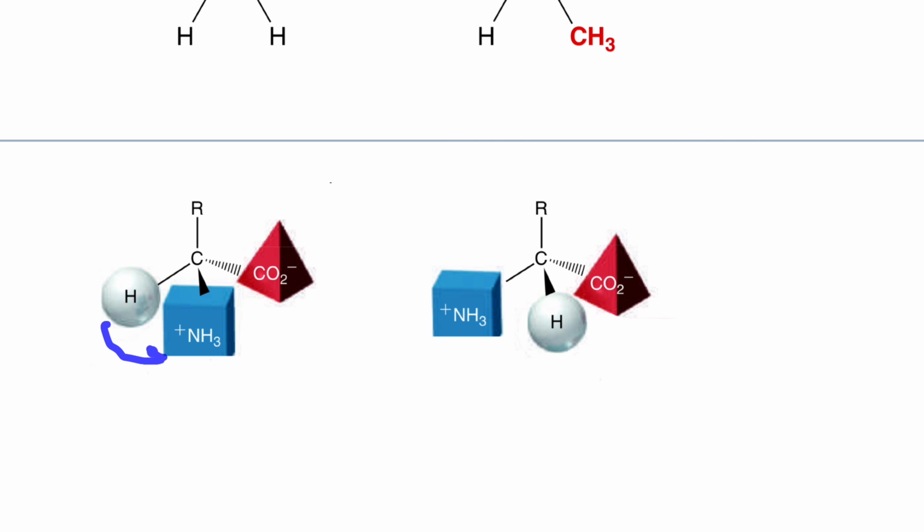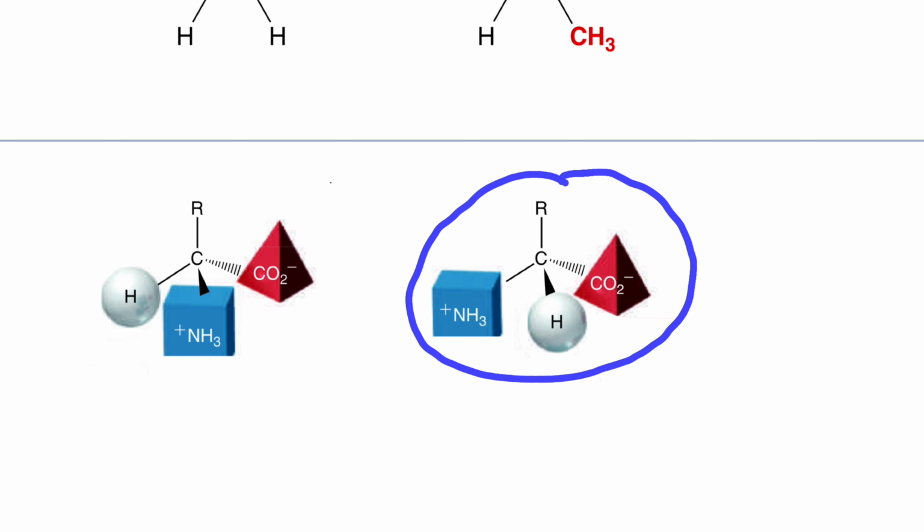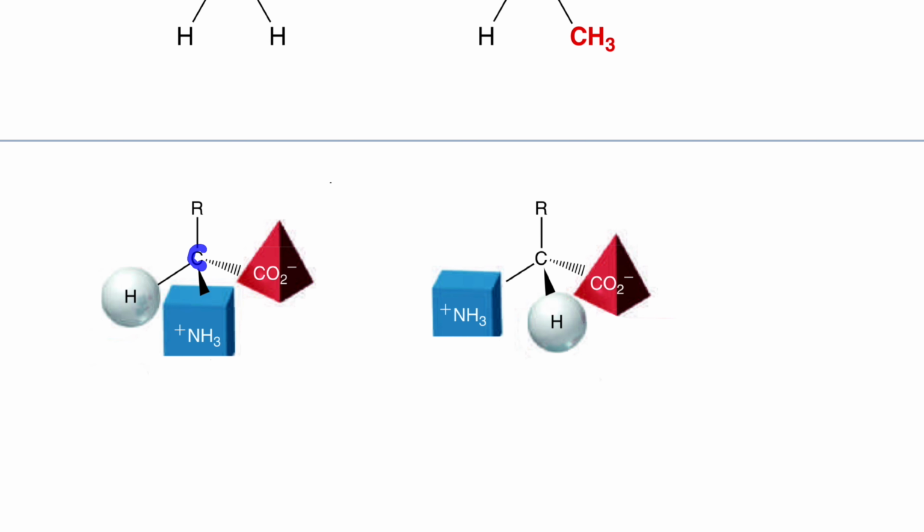You are interchanging the orientations of hydrogen and NH3 plus. As a result, you are going to get a stereoisomer of the given compound. So this particular center is responsible for the generation of the stereoisomer. Therefore, this is called a stereogenic center or stereo center.